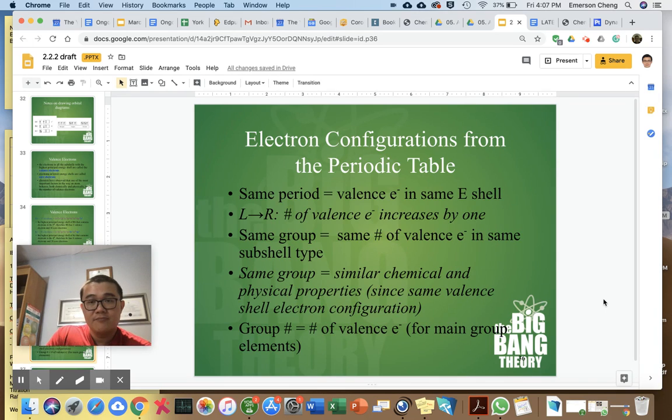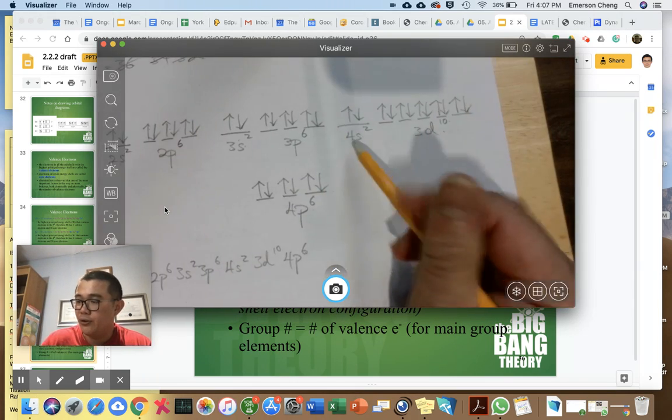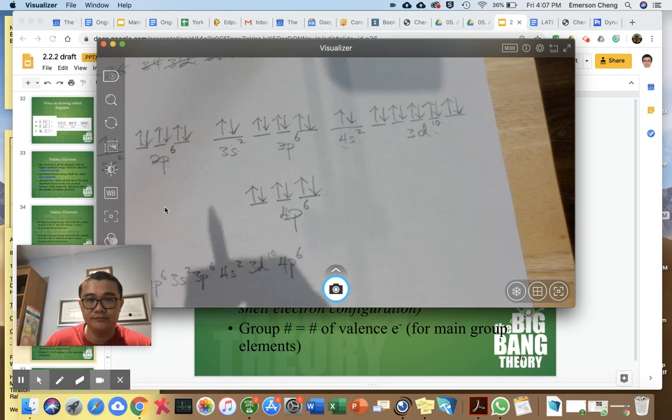Now because of what you learned, we're actually going to be able to explain periodic trends a lot better. If you're talking about the same period, you are talking about valence electrons in the same energy shell, okay? Keep in mind you're talking about the larger number.